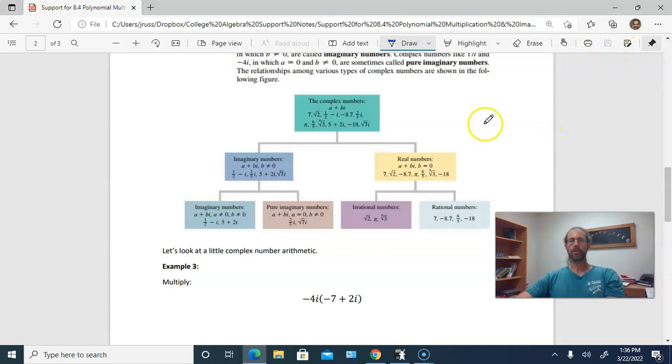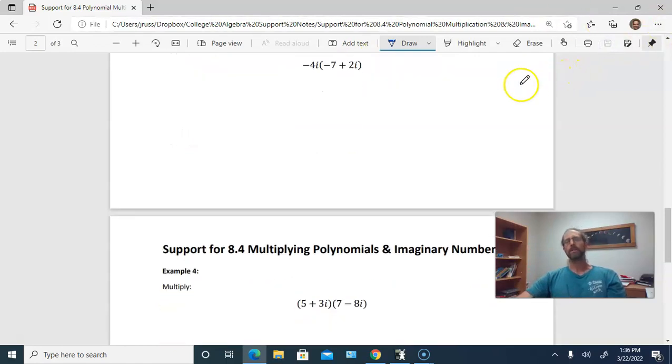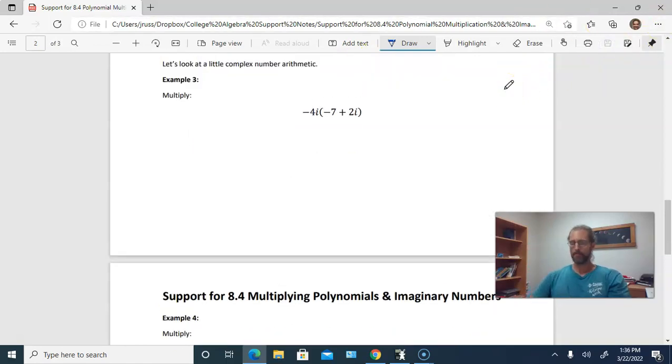All right, and so what we're going to do now is look at how we can multiply complex numbers. We know how to multiply real numbers. For example, 4 times 6 is 24. But when we're dealing with numbers that have the imaginary root in them, how can we do this? Well, it's very similar to multiplying algebraic expressions using the distributive property.